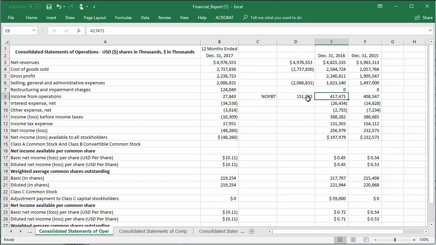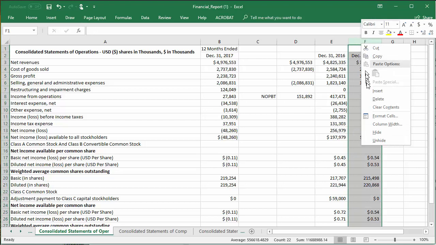So it appears that a big piece of the problem is this restructuring and impairment charge, but it's not part of my problem because it wasn't a problem last year. So you look at the prior two years and see that they were significantly more profitable, and therefore it looks like it was a bad year for them.